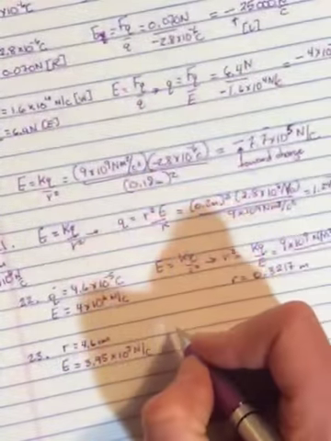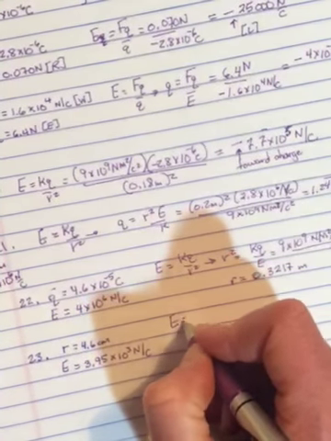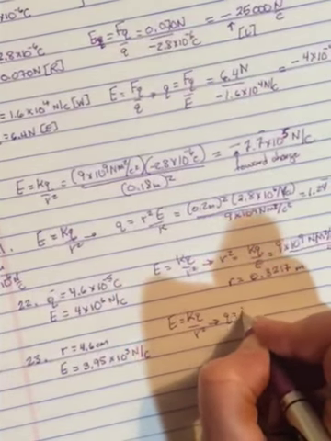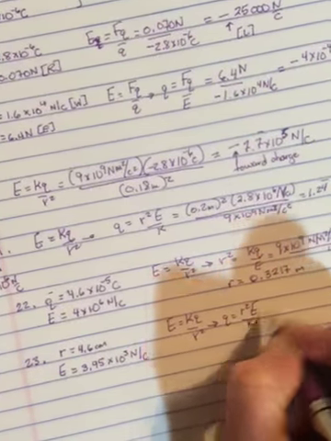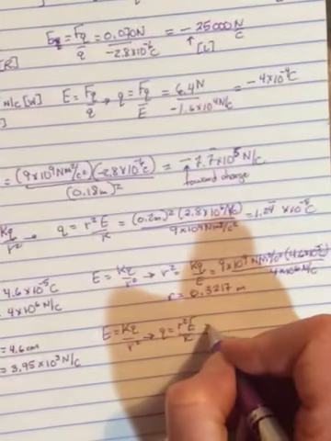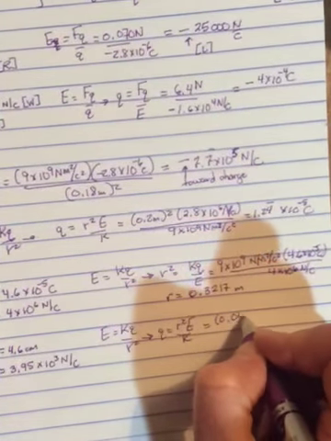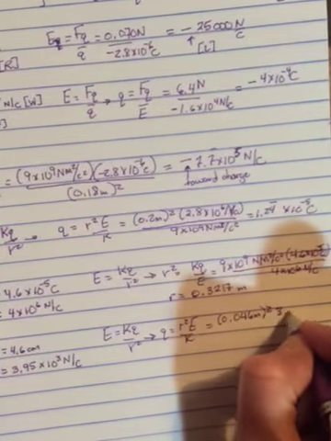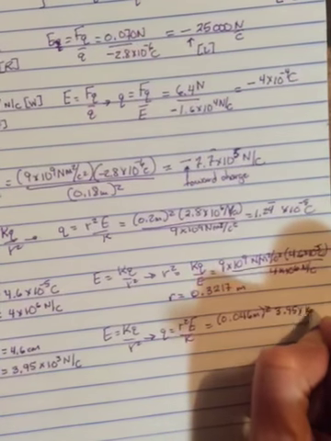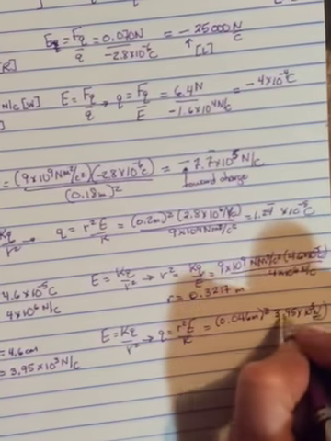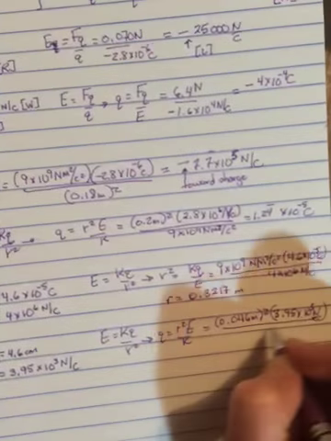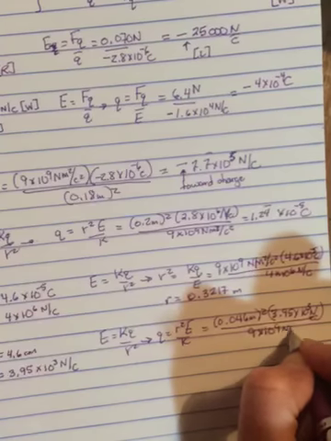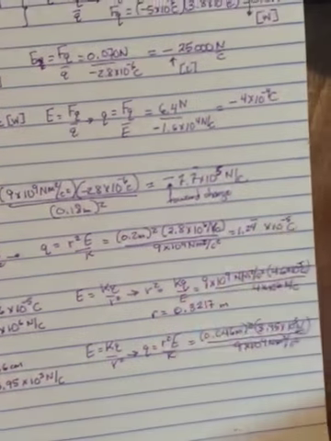Okay? Number 23 is the one that wants to know how many electrons. So the first thing you do is you solve for Q. So E equals KQ over R squared. So Q is equal to R squared E over K. R was 4.6 centimeters, so 0.046 of a meter squared. E is 3.95 times 10 to the 3rd newtons per coulomb. And then you're dividing by 9 times 10 to the 9th newton meter squared per coulomb squared.